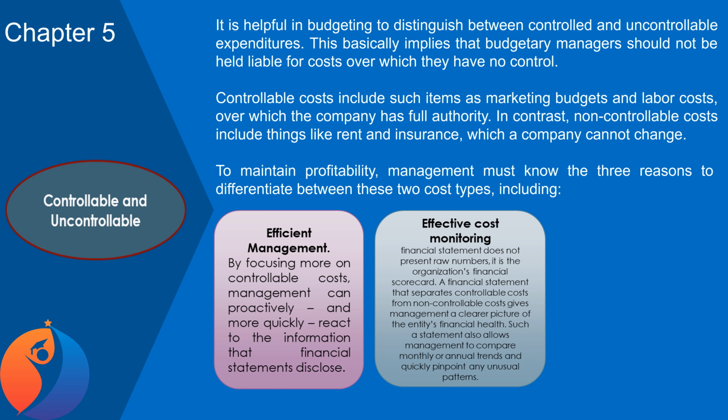A financial statement does not present raw numbers, it is the organization's financial scorecard. A financial statement that separates controllable costs from non-controllable costs gives management a clearer picture of the entity's financial health. Such a statement also allows management to compare monthly or annual trends and quickly pinpoint any unusual patterns.